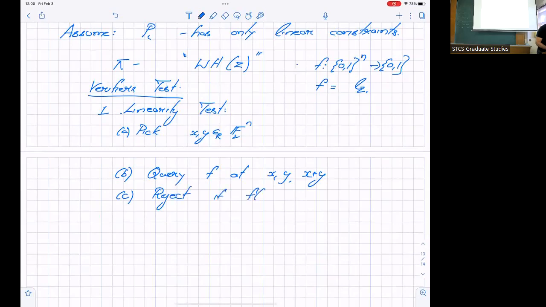Reject if f of x plus y is not equal to f of x plus f of y.